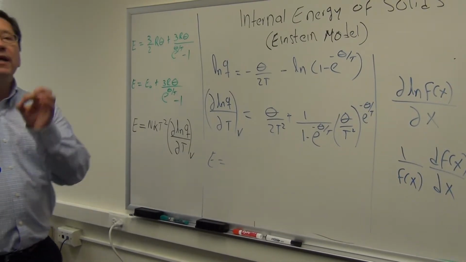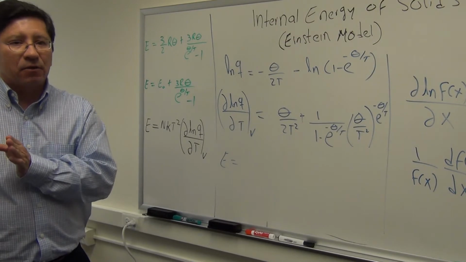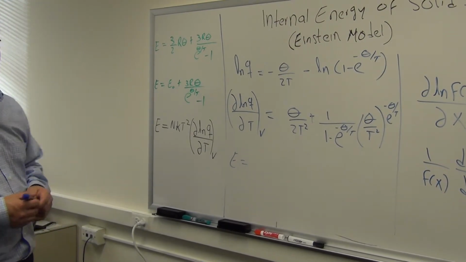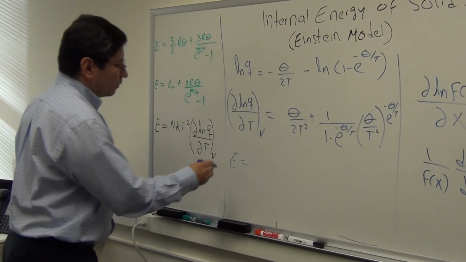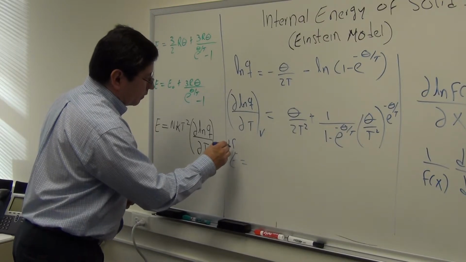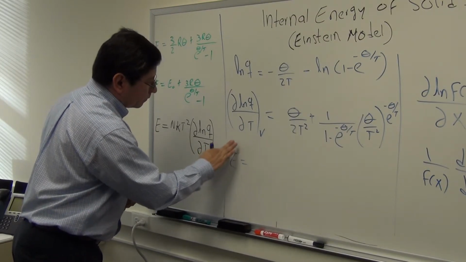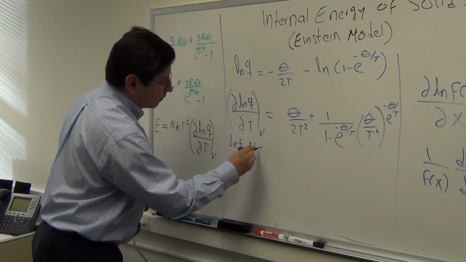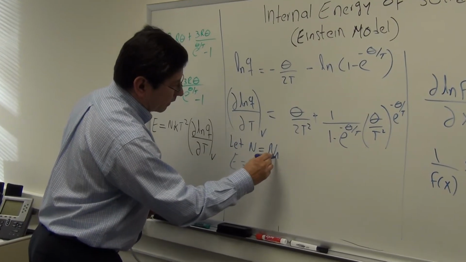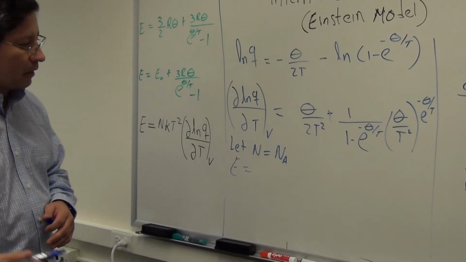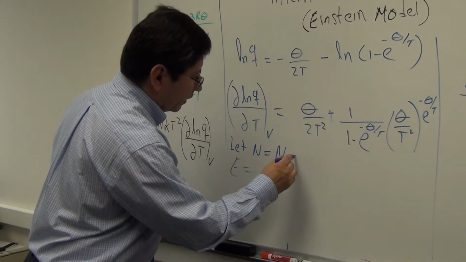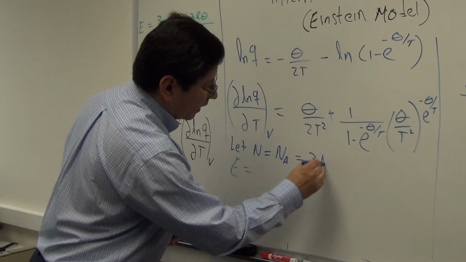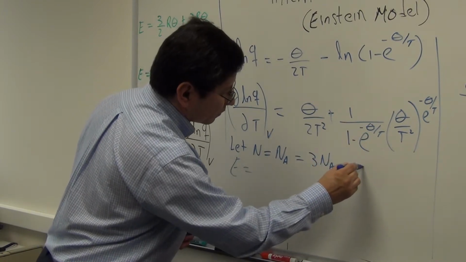Let's consider an Avogadro number of particles. So let n be equal to Na, and Na means Avogadro number of particles, equal to 3 Na oscillators.